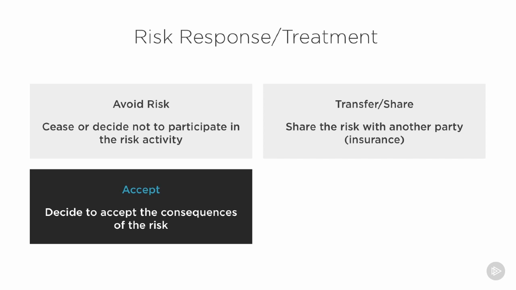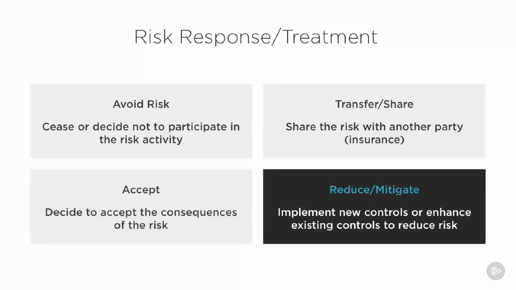in that area. The fourth treatment option is to attempt to reduce or mitigate the risk. We could mitigate or reduce the risk through the implementation of new controls, or perhaps to augment or enhance the controls we currently have. The idea of reducing the risk will be to either reduce the likelihood of the event or the impact of the event.